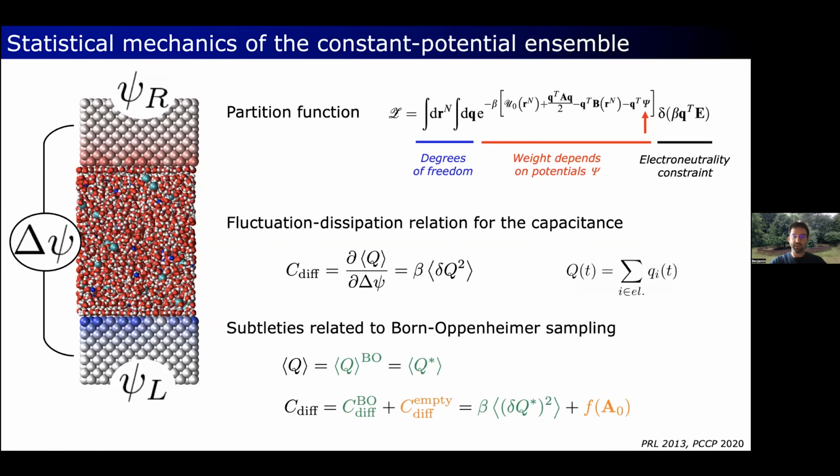Now, there are also subtleties related to the Born-Oppenheimer sampling. For example, the average charge of the electrode is correctly sampled with this scheme, but the differential capacitance includes the variance that you measure with the Born-Oppenheimer charges, but also another term which escaped our attention a few years ago, which in fact depends only on the configuration of the electrode atoms with this matrix A0 and also the width of the Gaussian distribution around each atom.